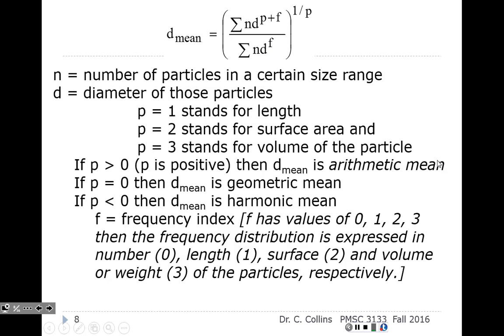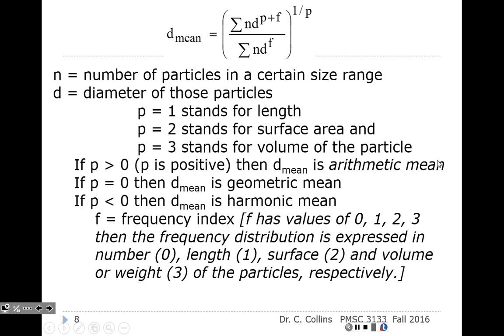So these are what the pieces of the equation mean. I'm not going to ask you to do this calculation. This is just where that mean particle size comes from. So there's a lot that goes into it. So the number of particles in a certain size range, diameter of those particles. If the P is equal to 1, then that means length. P is equal to 2, surface area.